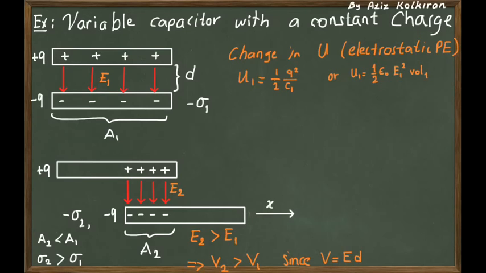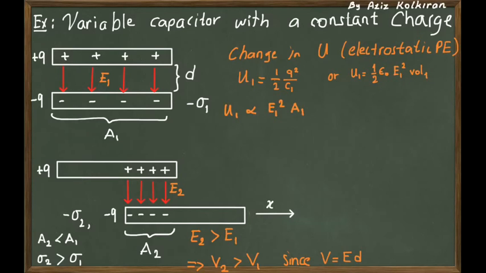Or instead of this, we can use the field energy density expression for the potential energy of any region of space which has a uniform electric field, and this was, remember, proportional to the square of the strength of the electric field times the volume of the region where this electric field exists. Let's use the second one. It is just 1/2 epsilon 0 times E1 squared times the volume.